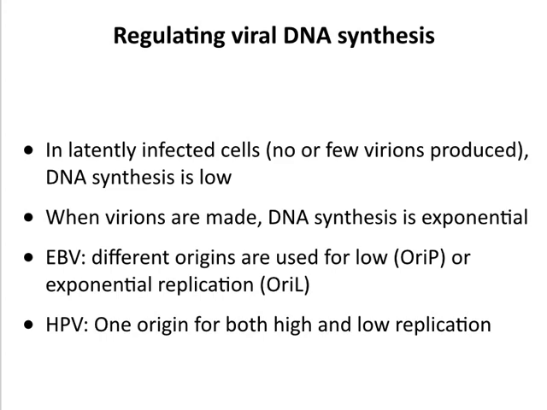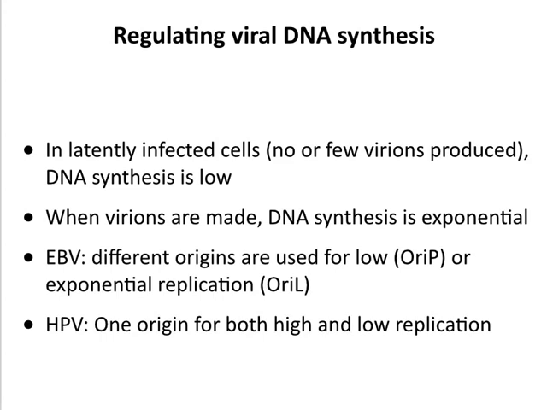When EBV starts to replicate and produce virions, and that's how you transmit it to someone else, it goes to another origin, which is called the ORI-L, the origin for lytic synthesis. And this can churn out lots and lots of DNA to make more virions. Okay, so that's an example of a virus that uses two origins.